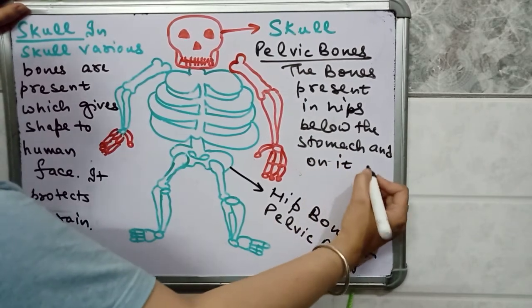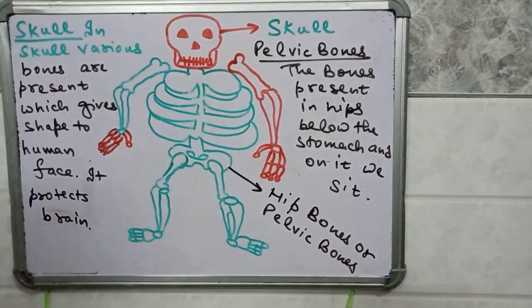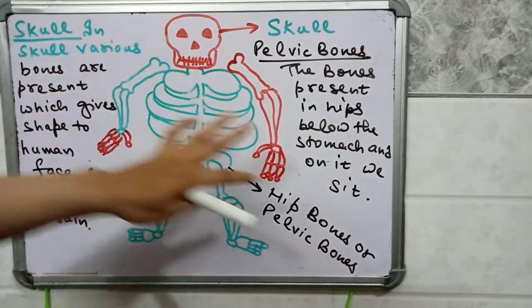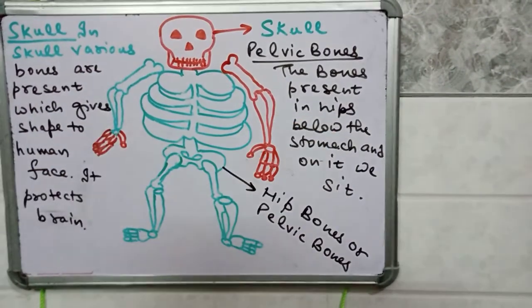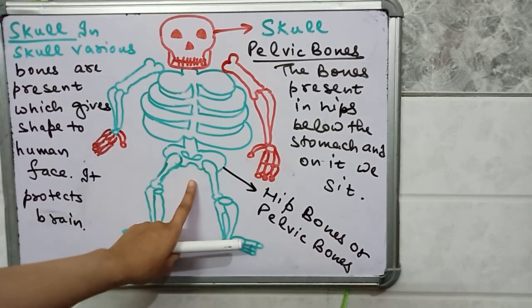Okay, and on it we sit. So pelvic bones are also known as hip bones. These are the bones which support the hips in the human body. Okay, and these are the bones on which humans sit.